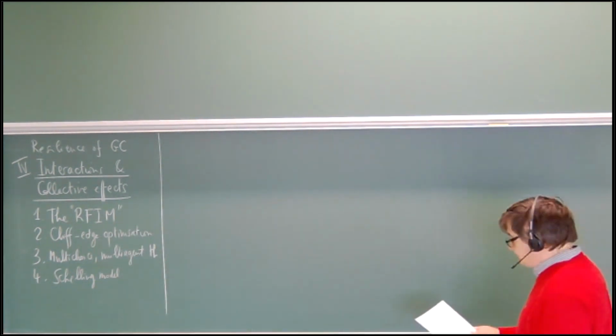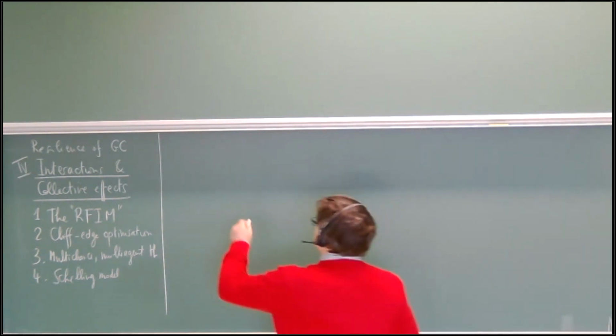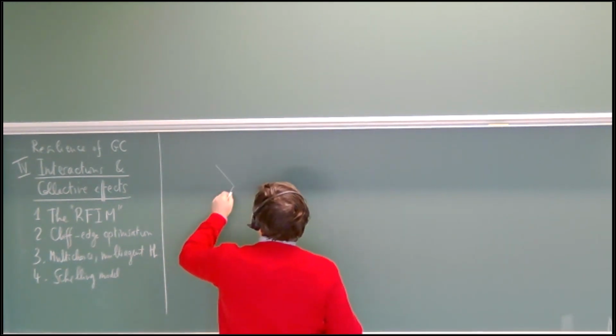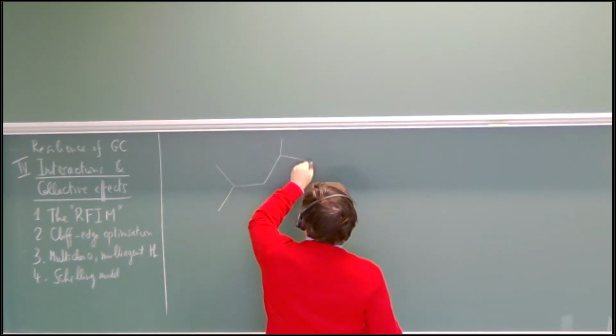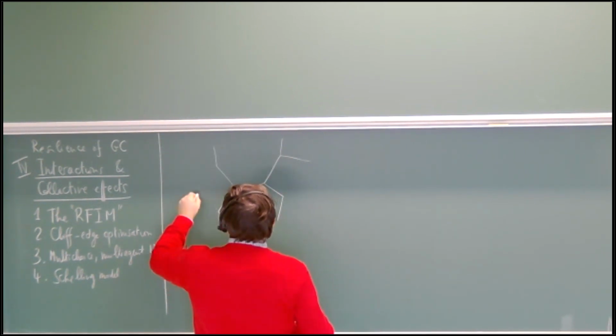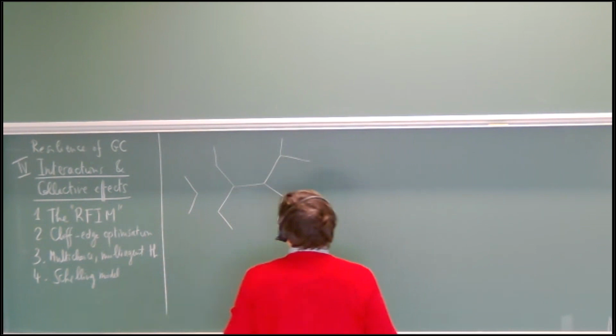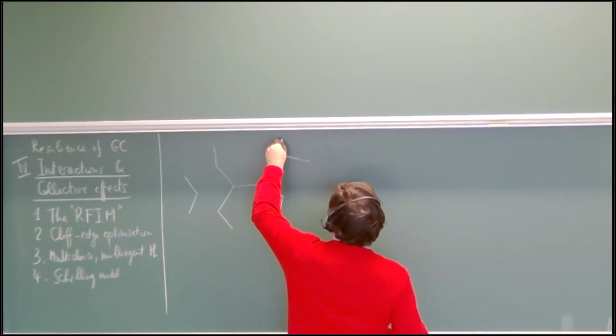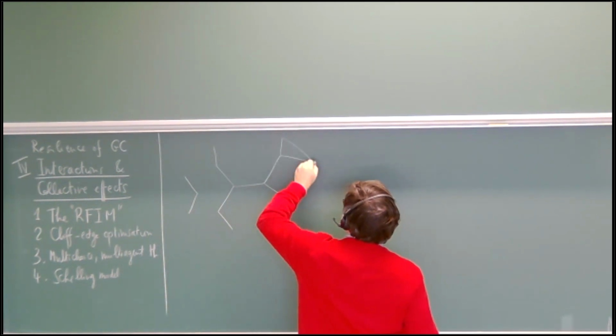Okay, so you remember I was considering tree-like networks. Let me draw a tree-like network, which is not necessarily regular. There are things like this, and maybe there are occasional loops, but we'll neglect them.